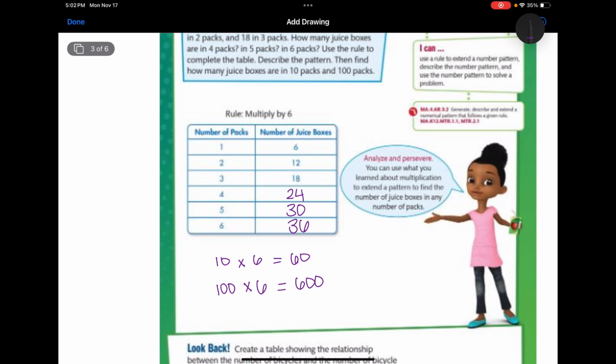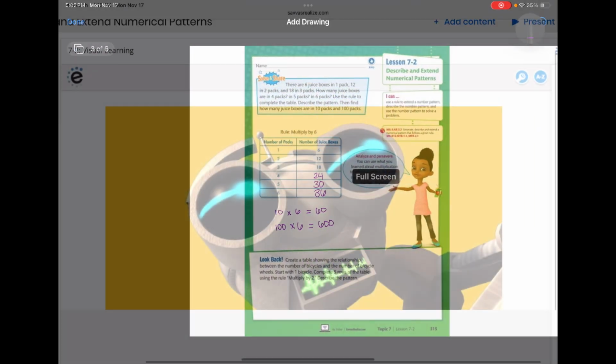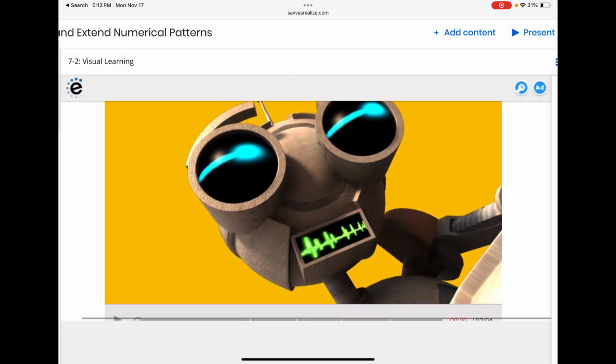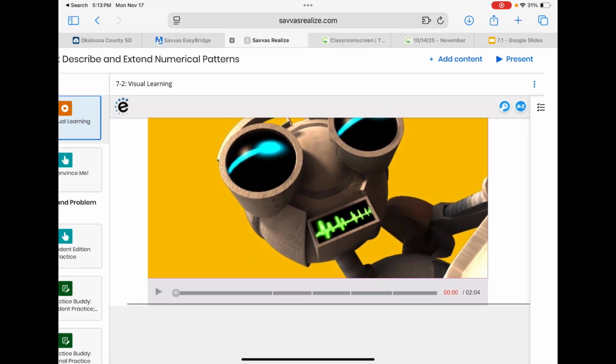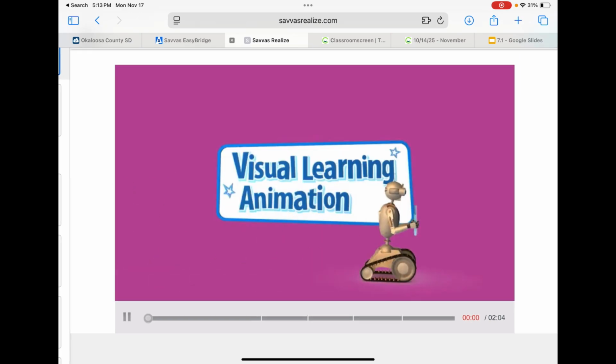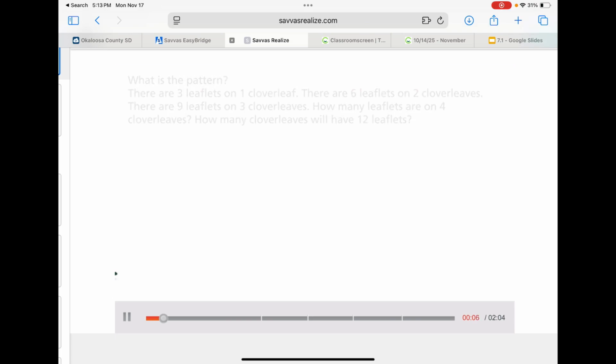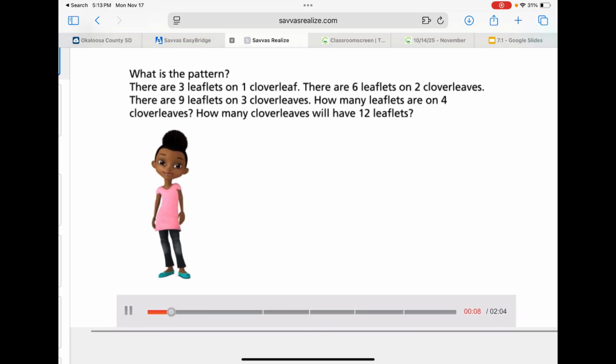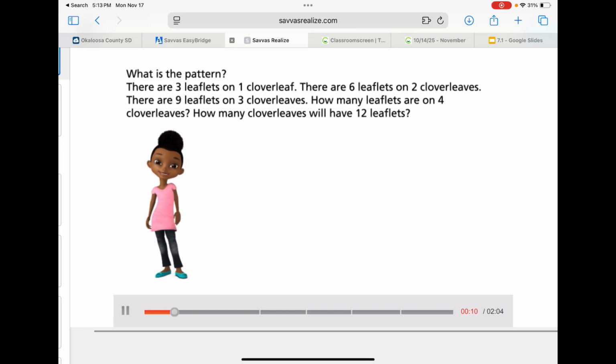Well, our pattern is they're all multiples of 6.